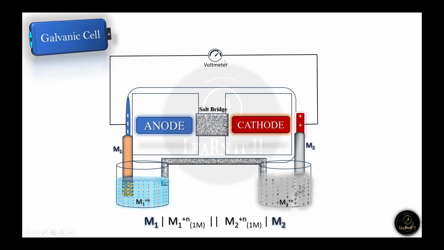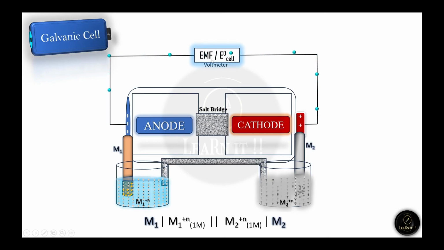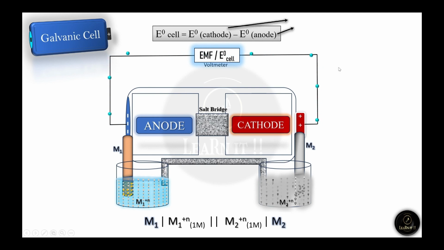Then the voltmeter shows the reading of the EMF, or E naught of the cell, calculated by the formula E naught of the cell equals E naught of the cathode minus E naught of the anode. Where do we get these values? From the electrochemical series.